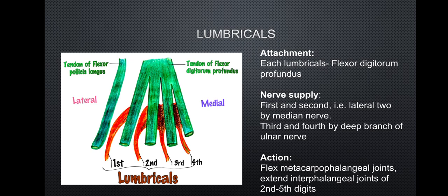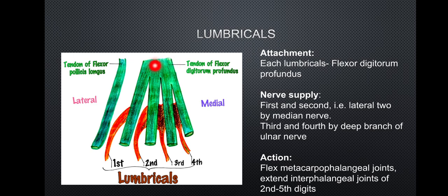Now the denervation of these muscles is the basis of the loss of the benediction, that is ulnar claw hand seen, whereas each lumbrical originates from the tendon of the flexor digitorum profundus.